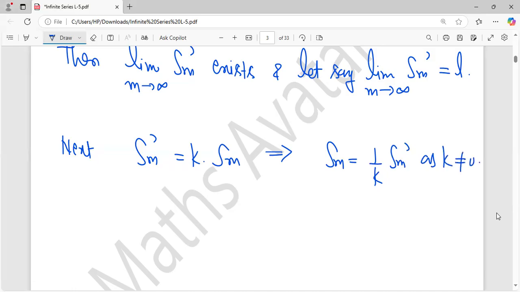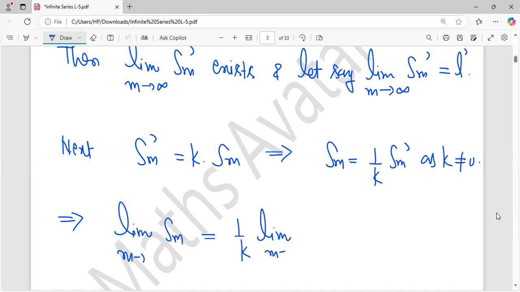So the limit of m tending to infinity Sm is equal to 1 upon k times the limit of m tending to infinity Sm dash, that is L dash upon k.